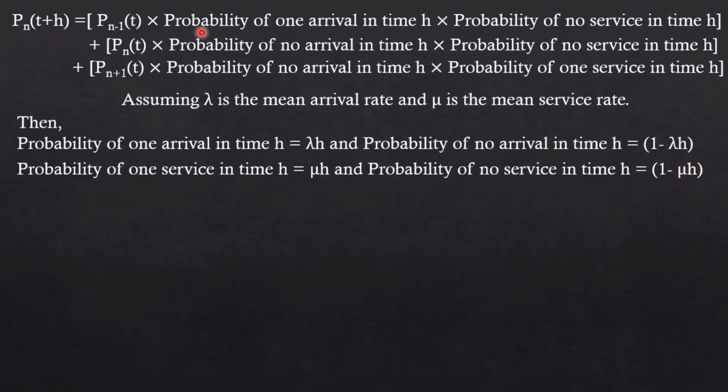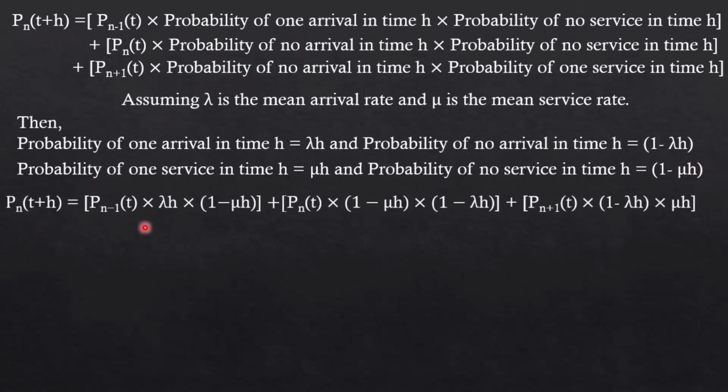Now let us see how this equation actually carries out. So this is the complete equation here, and it may look complex, but if we analyze it properly it is very easy to understand. So let us understand this first part. As we have discussed, this is the probability of n minus 1 customers in time t.